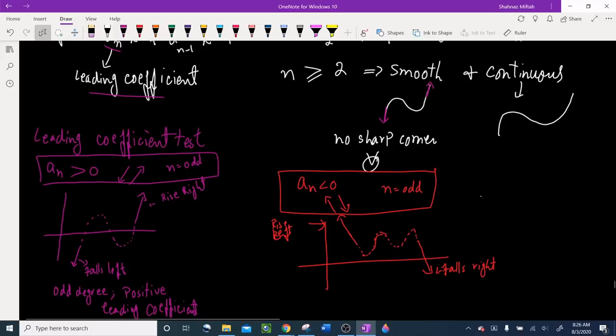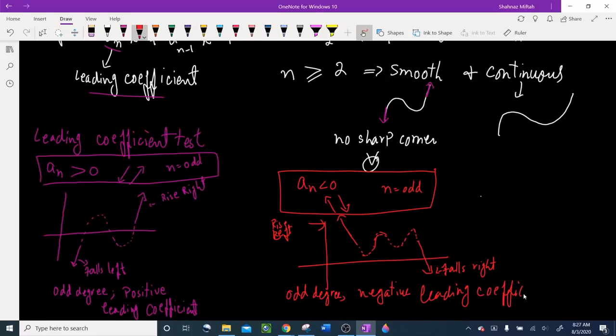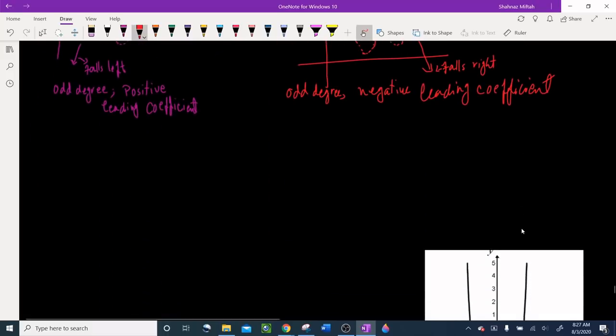In this case, I have odd degree and negative leading coefficient. Okay, we have 2 more to go.